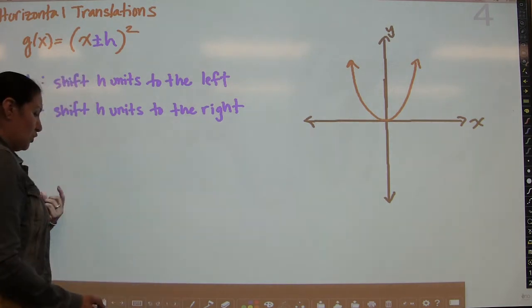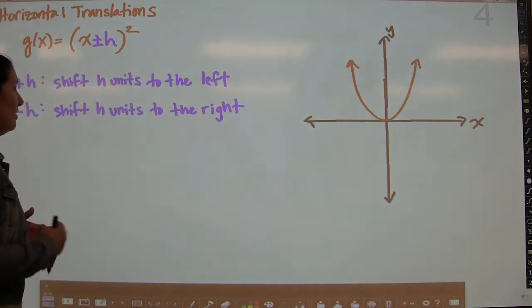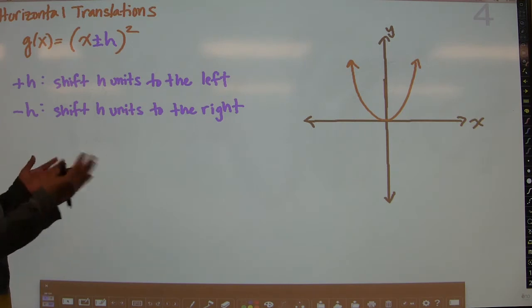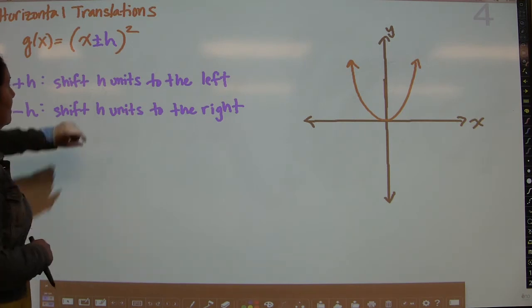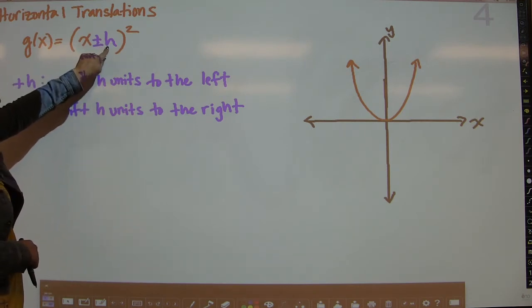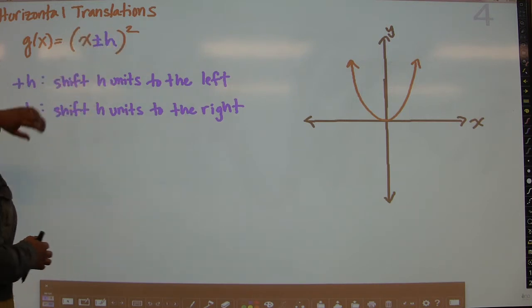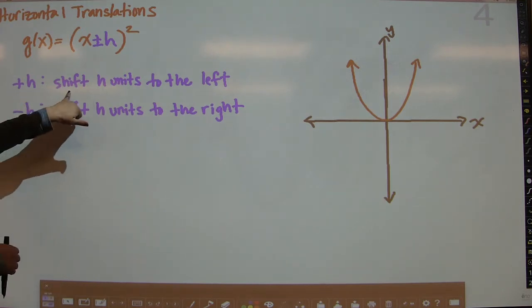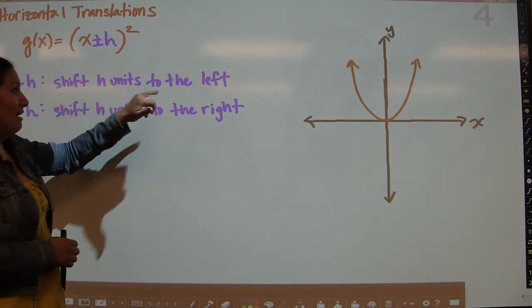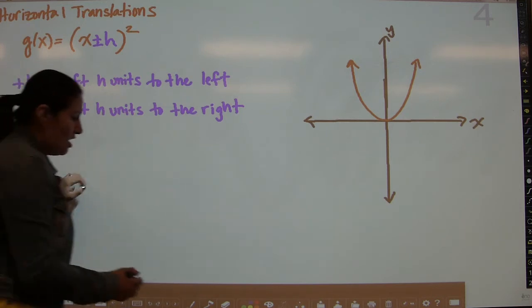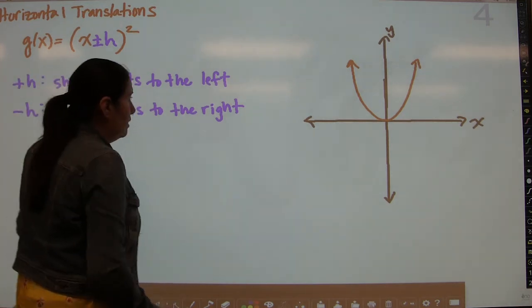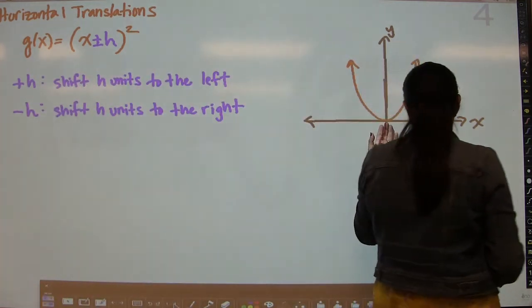In the case of the vertical translations, the plus k was not inside of grouping symbols, and this time the plus or minus h is inside the grouping symbols, which in this case happen to be parentheses. So when you have a situation like that, a plus h would mean shifting the graph h units to the left, and so that would look like, here again I have the parent graph.